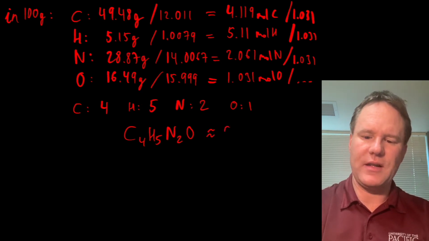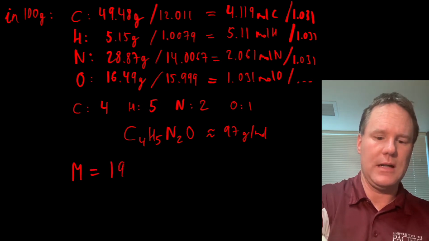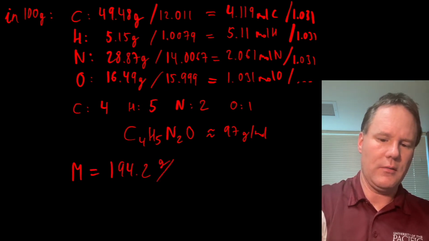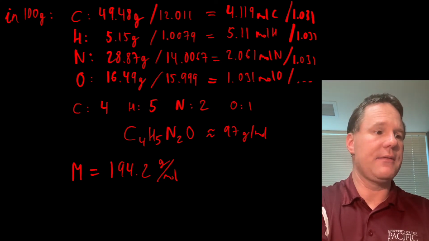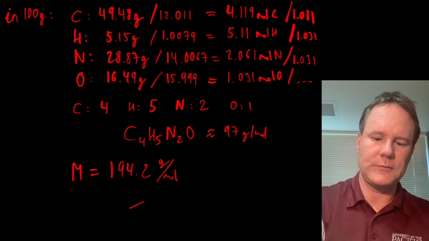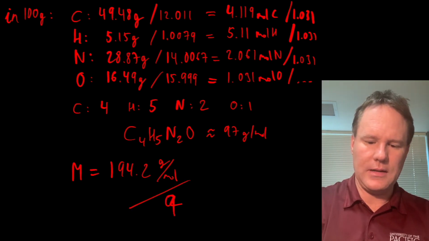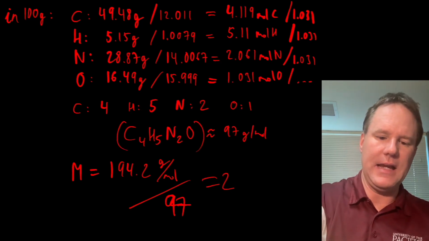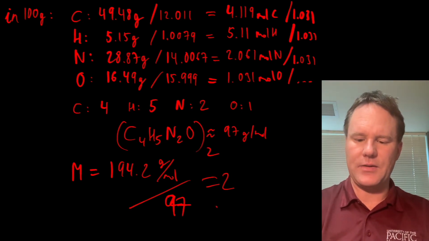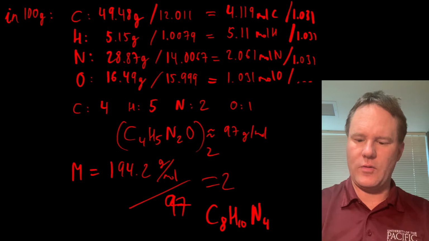So this is roughly 97 grams per mole, and then the molar mass was given as 194.2 grams per mole. And so if I take 194 divided by 97, I get 2, which means I have to take this and double it. And so then the formula is C8H10N4O2.